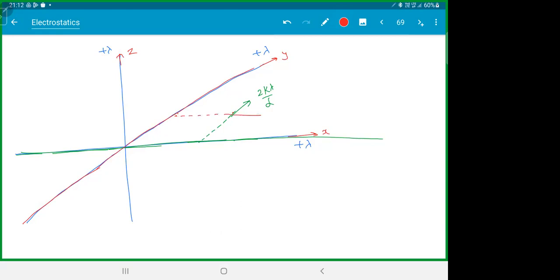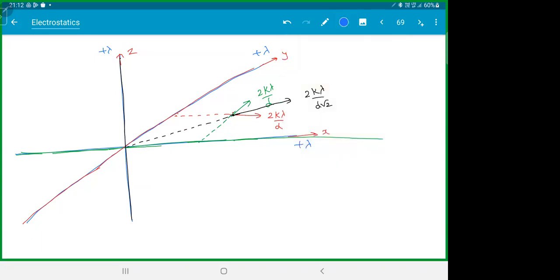So how much will this be? This is also 2k lambda by d. For the z-axis, it is different. This is the catch. What is the perpendicular distance? This is the perpendicular distance now. It is not d. How much is the perpendicular distance? 2k lambda by d root 2, right? Make sense? For the x and y axis, the perpendicular distance is d, but for the z-axis, it is d root 2.